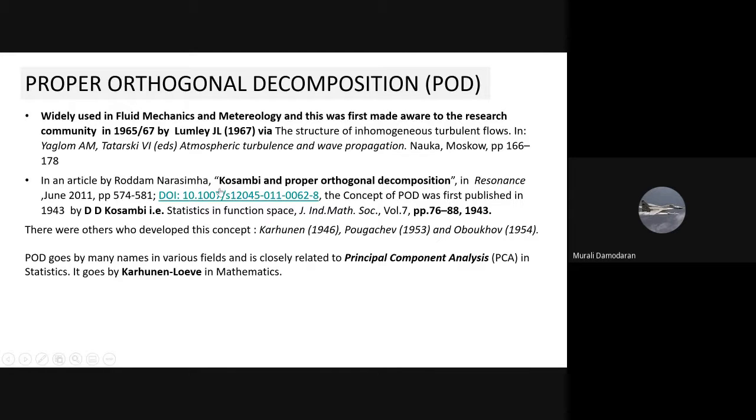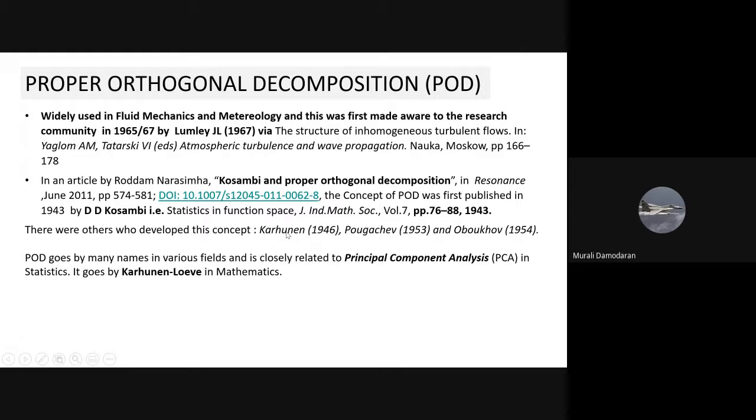But if you read an article which appeared in Resonance, June 2011, by Professor Roddam Narasimha, who recently passed away, the article is Kosambi and POD. Kosambi is a very famous Indian mathematician.